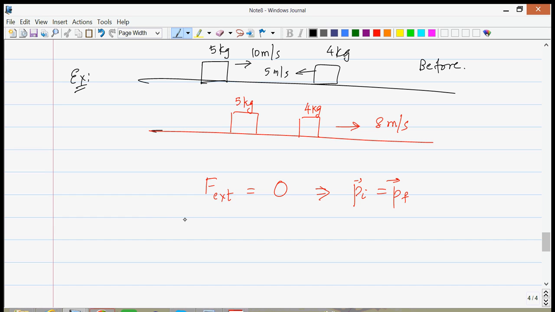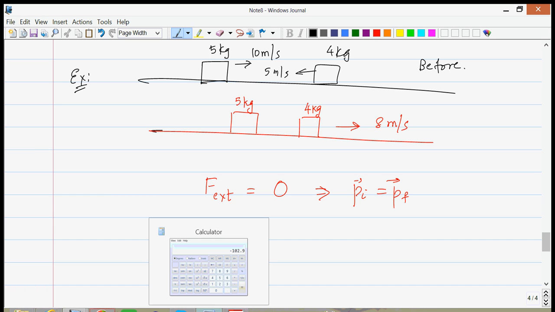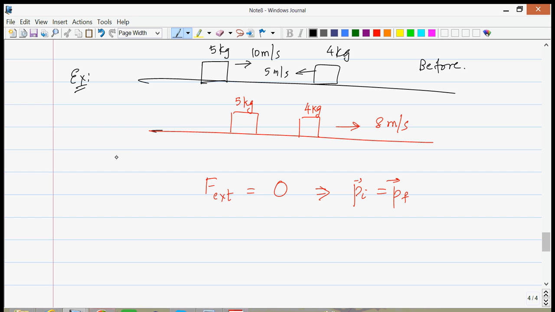Let us write down the initial momentum for the two blocks, and let us do the same for the final. The initial, in the beginning, if I were to write Pi, it would be the momentum of the 5 kg block, which happens to be 5 times 10, plus the momentum of the 4 kg block. Here before you proceed, I'd like you to tell me what the momentum of the 4 kg block is, and then verify your answer.